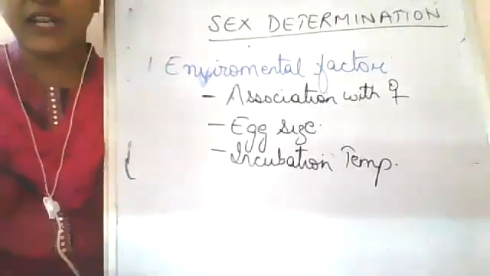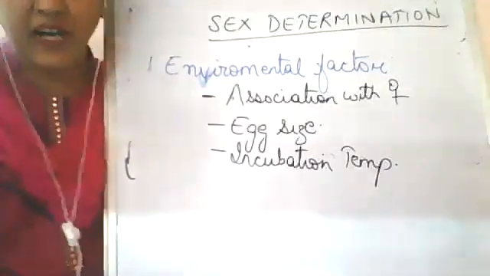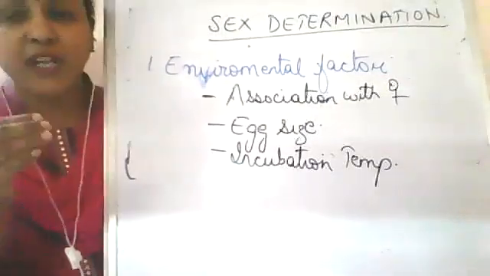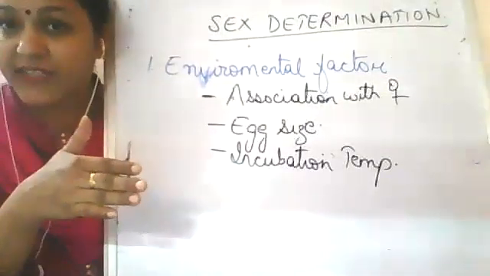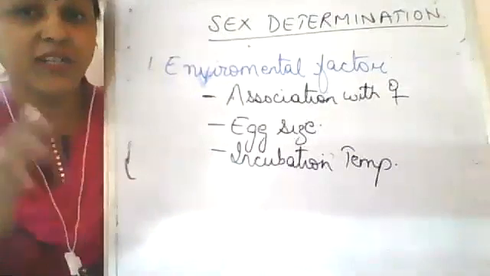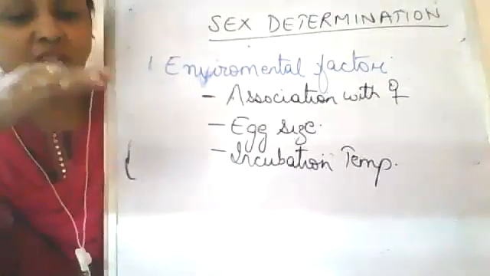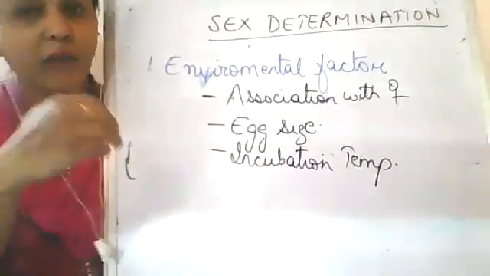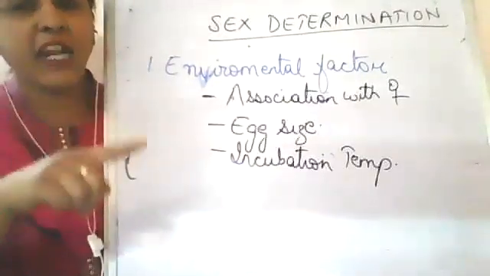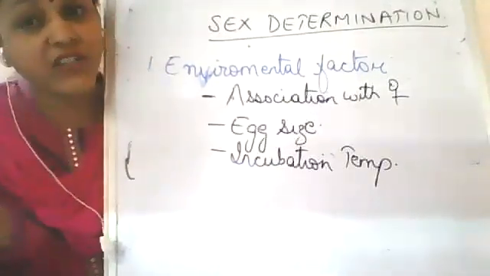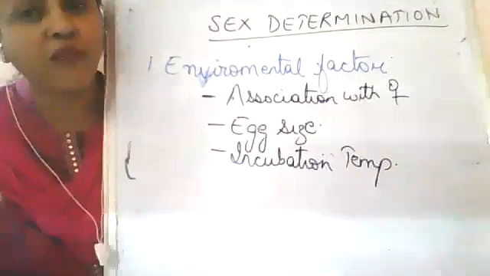For example, in case of turtles, if the temperature is below 28 degrees Celsius, the egg develops into a male child, and if it is above 33 degrees Celsius, it develops into a female child.